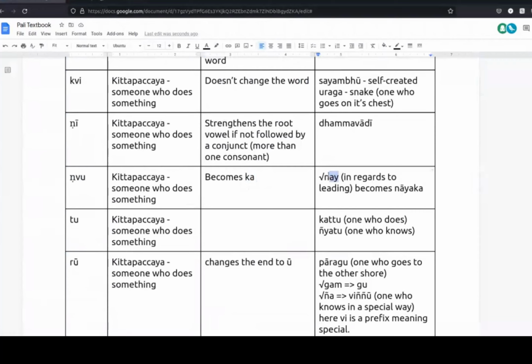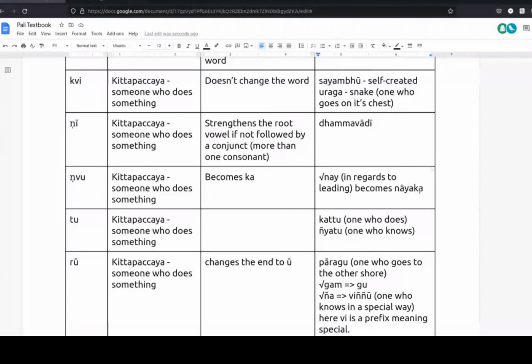So when you take a root ni, you strengthen the root vowel. You also add an a for some reason. Maybe I'm not sure what you're doing there. Anyway, don't question it. You add an a there because you really have to.